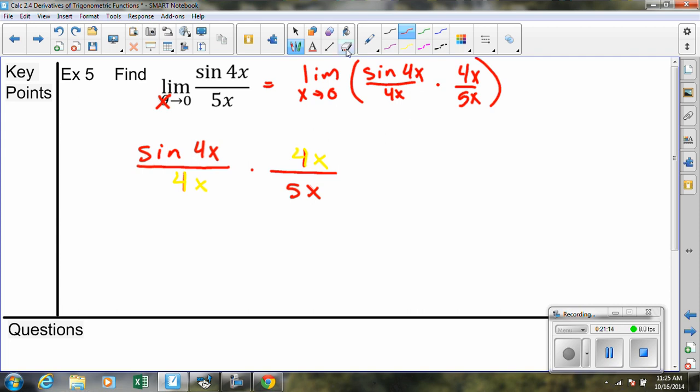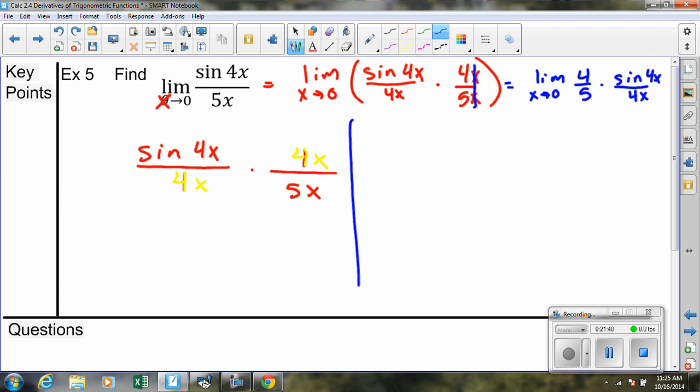But of course, there are some things that are beneficial to that. We have x over x cancels. So we would get the limit of 4/5 times sine of 4x over 4x as x is approaching 0.